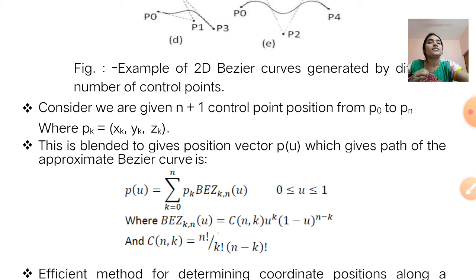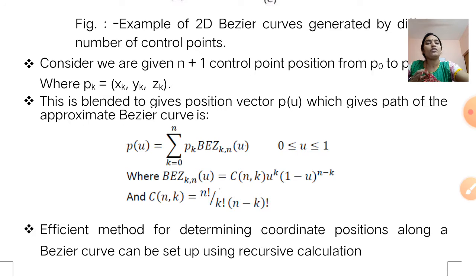These are blended to give the position vector P(u), which gives the path of the approximating Bezier curve: P(u) equals the sum for k equals 0 to n of Pk times BEZ(k,n)(u), where BEZ(k,n)(u) equals C(n,k) u to the power k times (1 minus u) to the power (n minus k), and u ranges between 0 and 1.